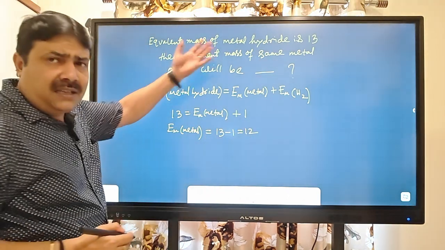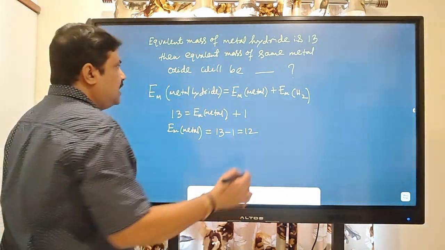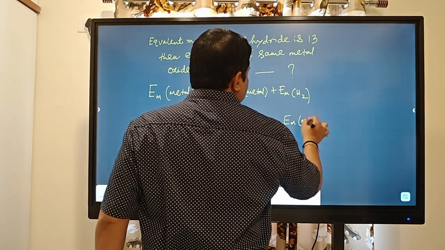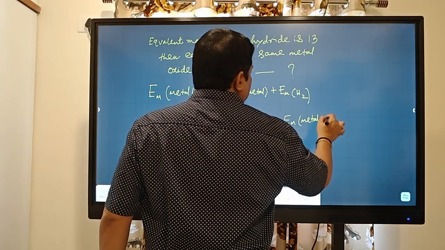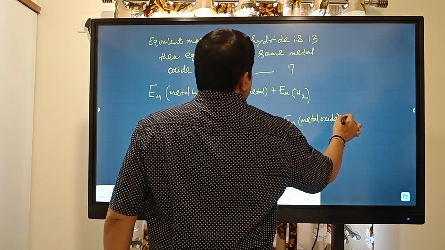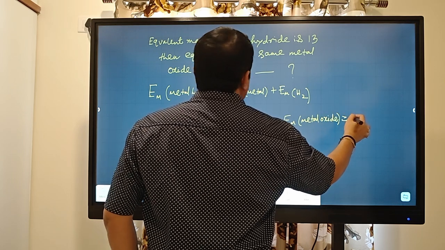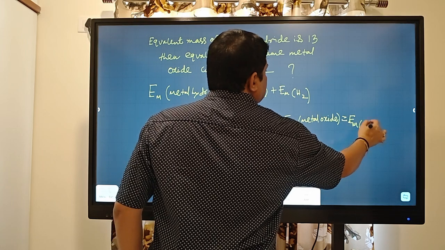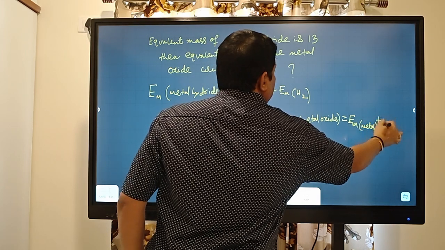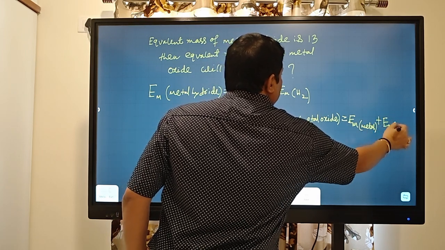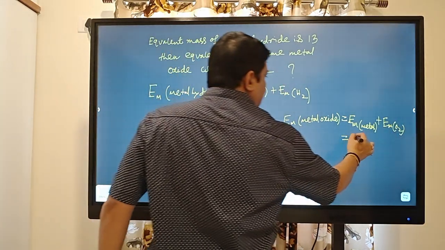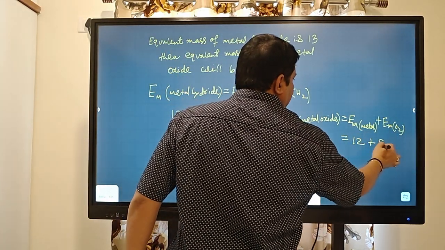And the same metal is forming the metal oxide. Then again I can write equivalent mass of metal oxide equals equivalent mass of metal plus equivalent mass of oxygen. Equivalent mass is an additive property. Equivalent mass of metal we got is 12, and equivalent mass of oxygen is 8.